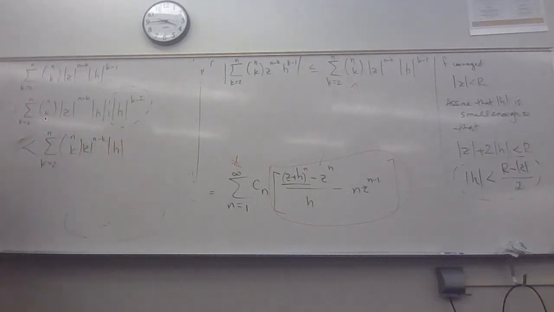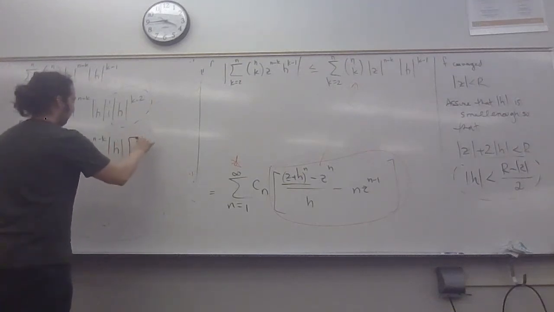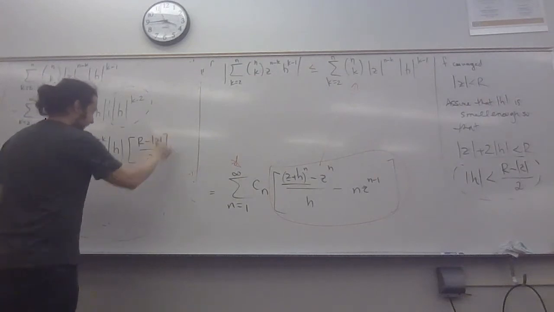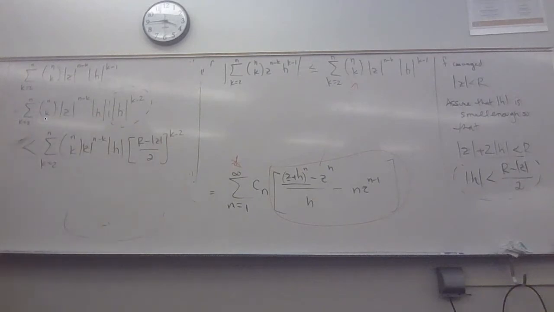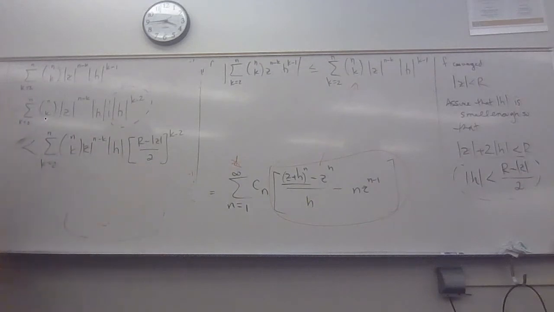And then this h to the k minus 2 is going to become r minus the modulus of z divided by 2, to the k minus 2. For any fixed z, this is just some number. That's why we chose it, right? This is just some way to get the h's out of this part. I put a less than here because I'm replacing h with something that is larger than h.